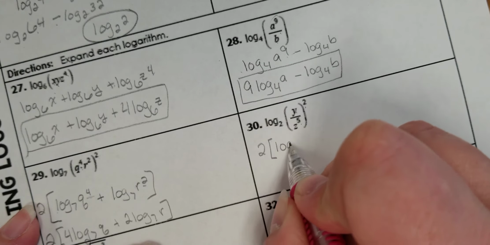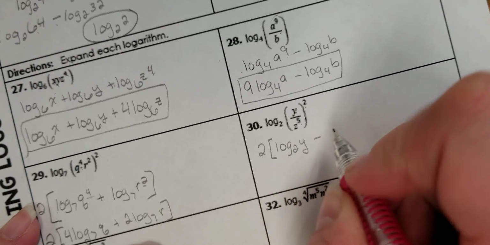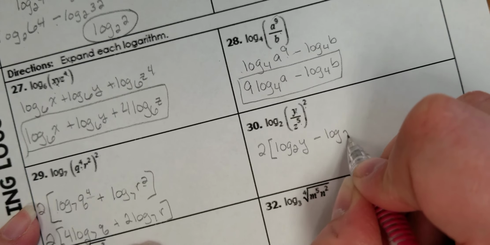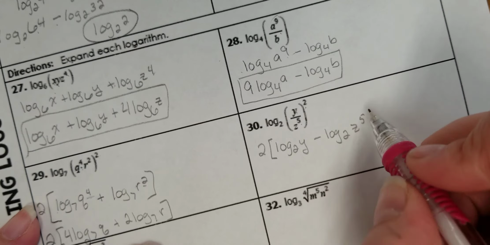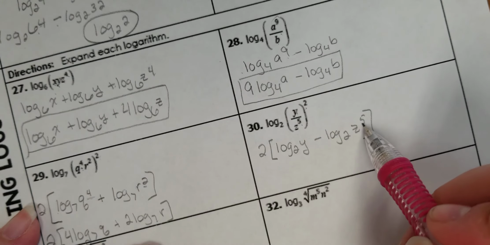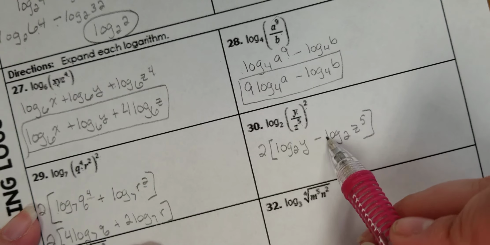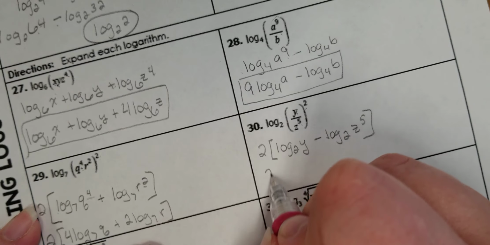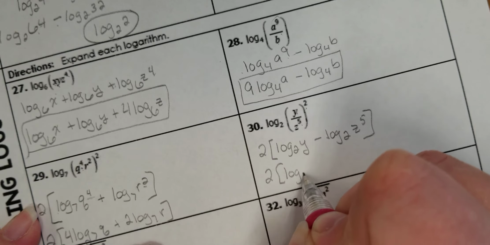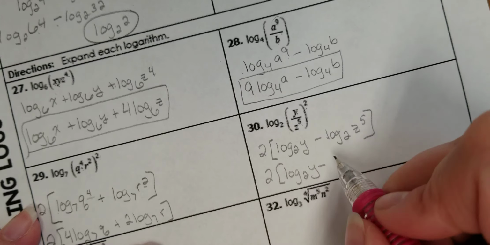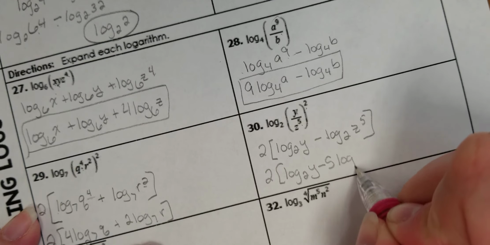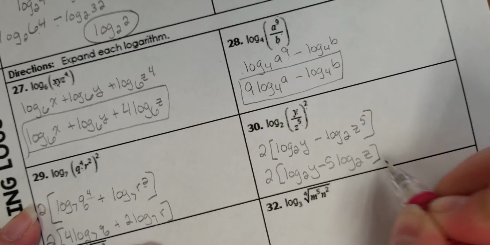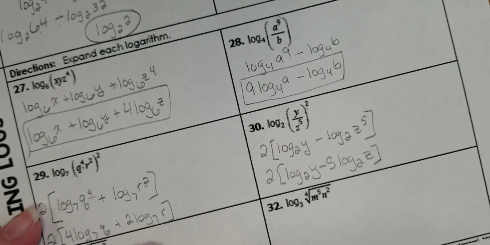So we have log base 2 of y minus log base 2 of z to the 5th power. And then this exponent is going to become the coefficient. So we have 2 log base 2 of y minus 5 log base 2 of z. And that's our final answer.